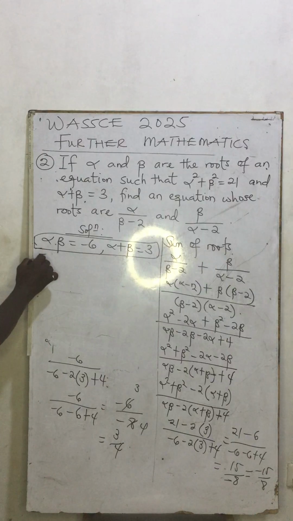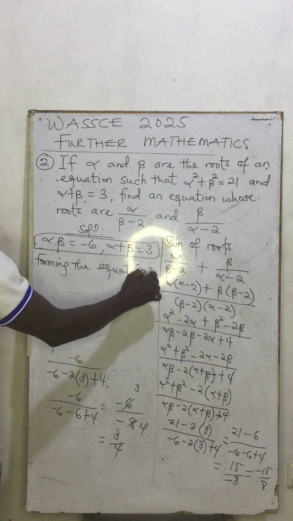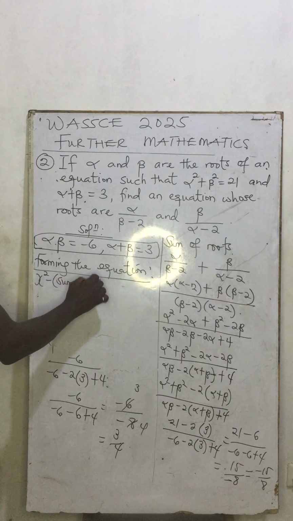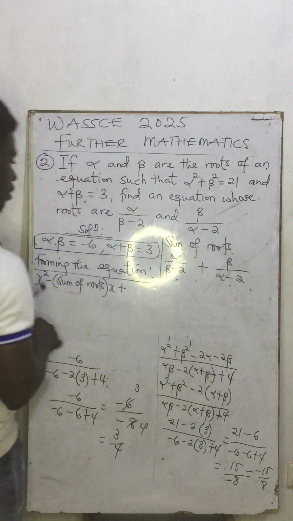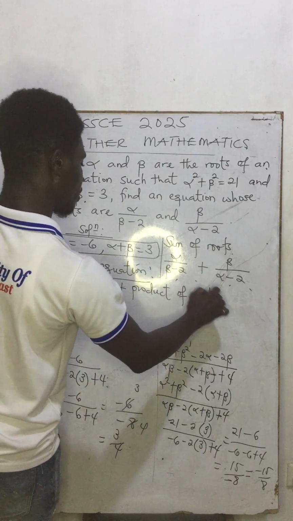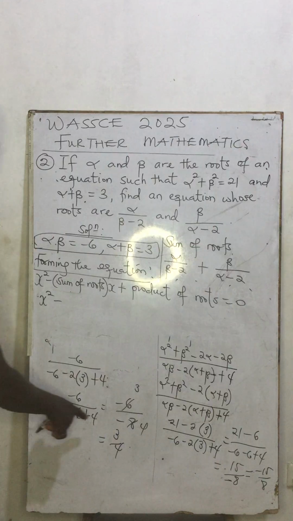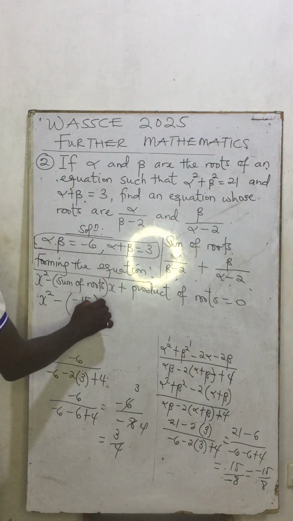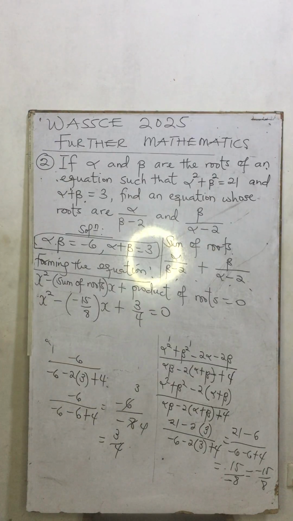If you are forming the equation, we say that x squared minus sum of roots x plus product of roots, and this should be equal to 0. So now we go x squared minus sum of roots, which is negative 15 out of 8, x plus product of roots, which is just 3 out of 4, equals 0.